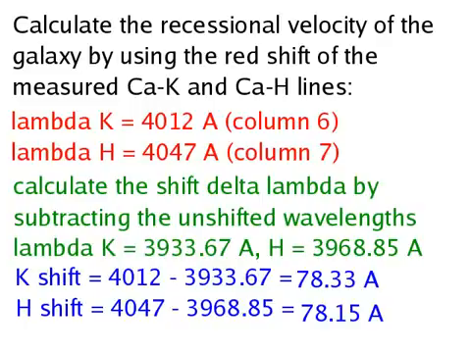So the calcium K line has stretched by 78.33 angstrom based on the speed with which the galaxy is moving away from us, and the H line has stretched, well, from our measurement by 78.15.